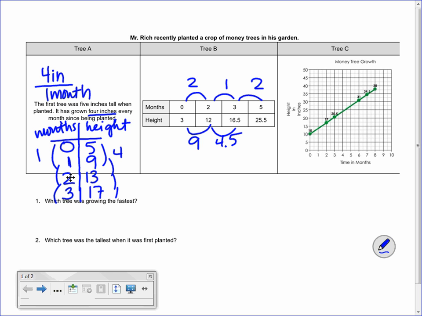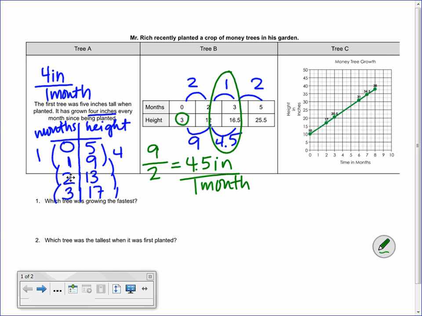And I could keep going if I wanted to, but right here shows me what's happening. We know when it's planted, it's 3, but we have to find the pattern. So I can either compare 9 over 2 and get 4.5 inches a month, or what I circled also tells us our constant rate of 4.5 inches every month.